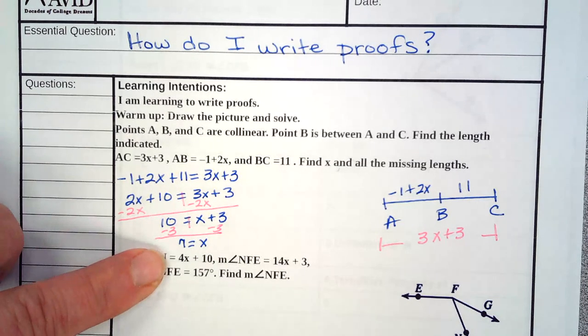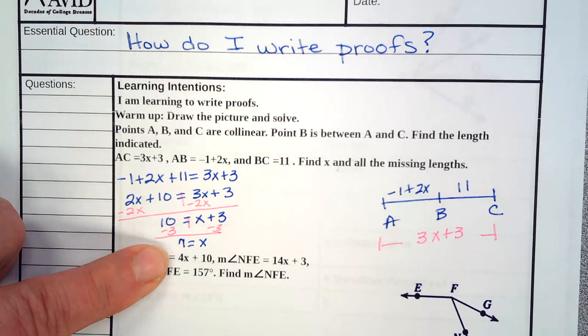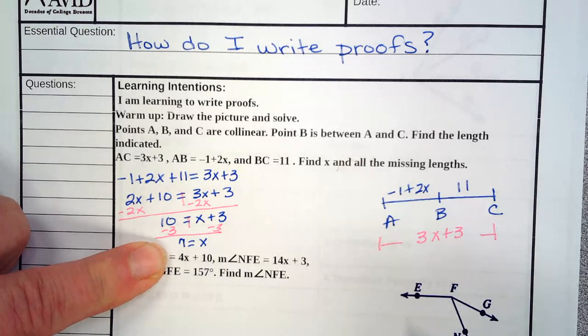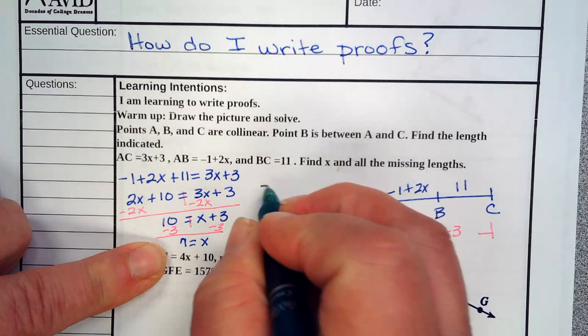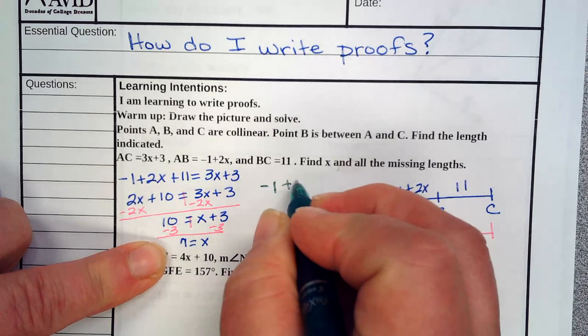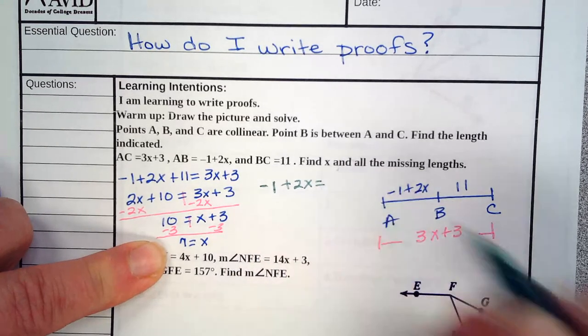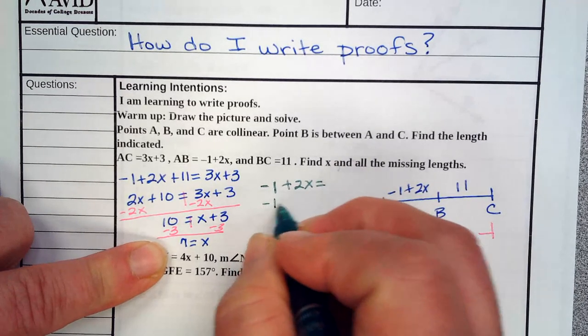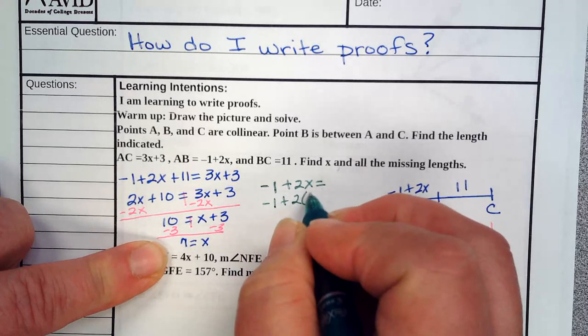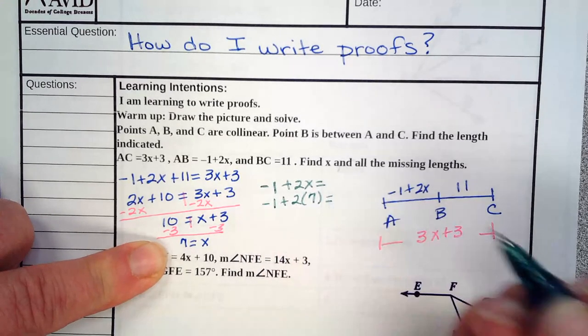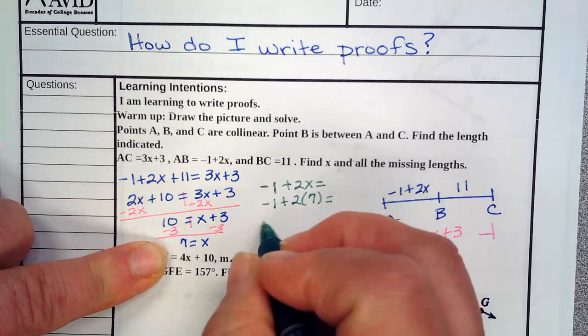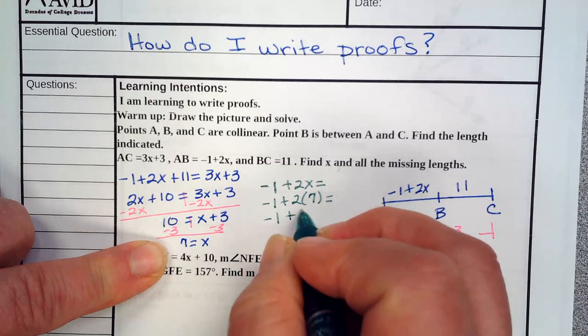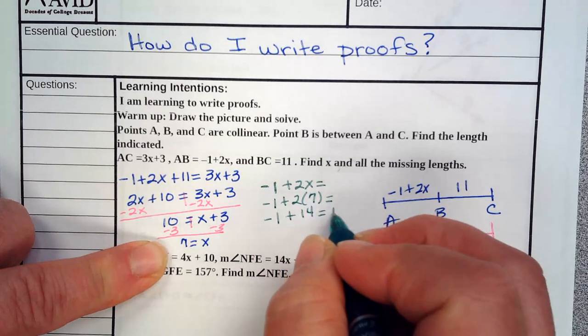We know what x is. X is 7. So if I want to find AB, negative 1 plus 2x is equal to negative 1 plus 2 times 7, because that's what x is, negative 1 plus 14, which gives me 13.